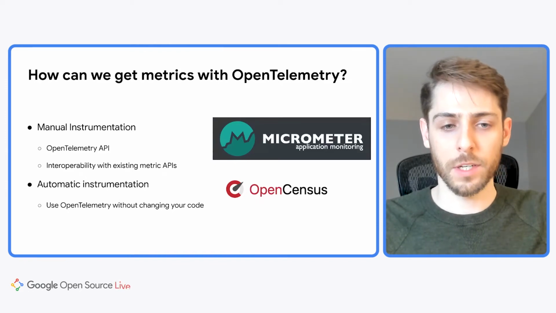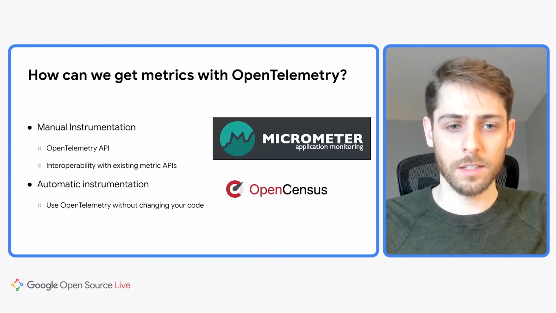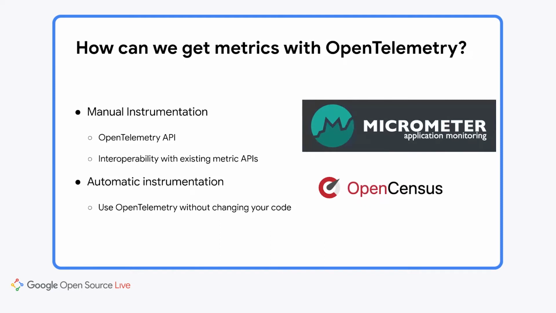For example, the predecessor of OpenTelemetry is OpenCensus. You can use your OpenCensus instrumented code and capture metrics into the OpenTelemetry ecosystem. You could also do the same thing with Micrometer, which is a Java instrumentation API, which we'll see in the demo.